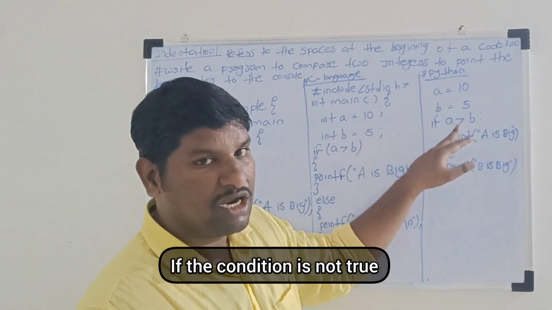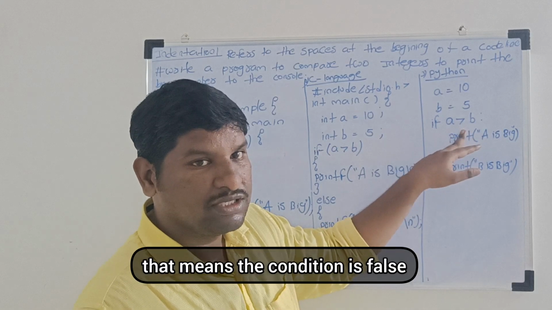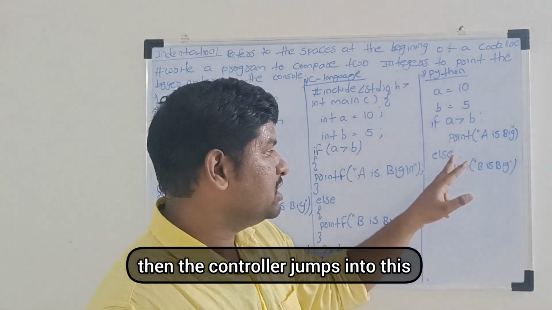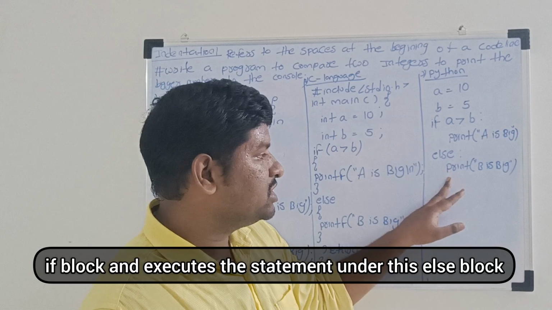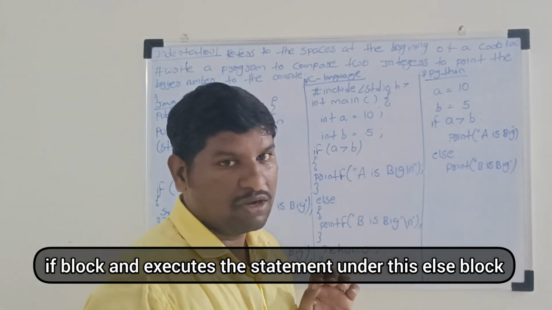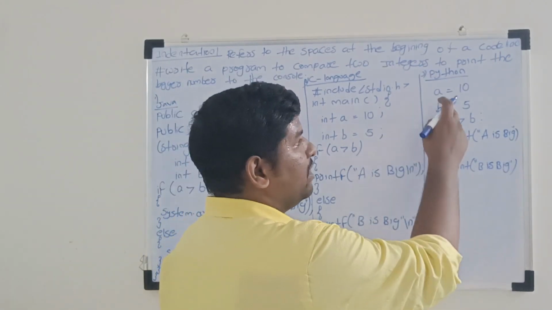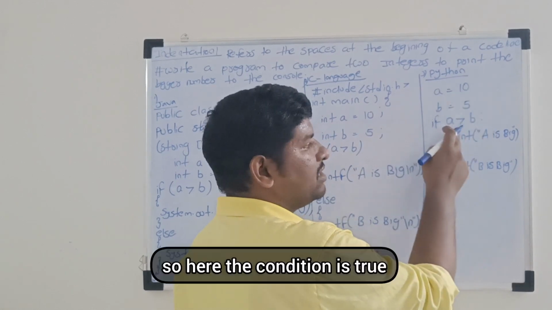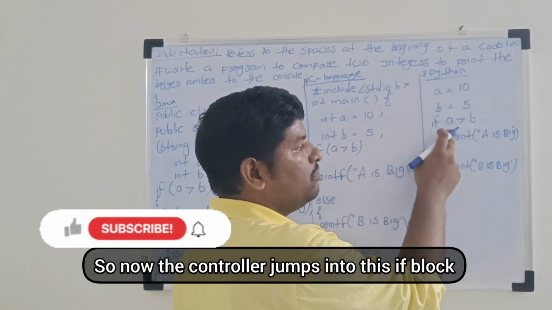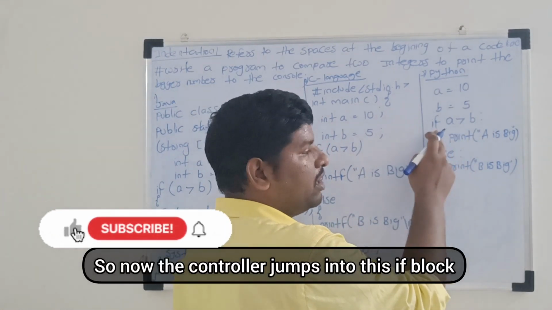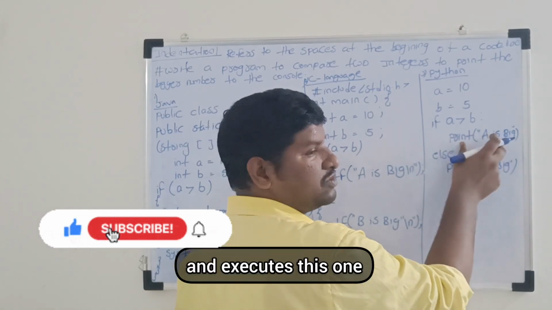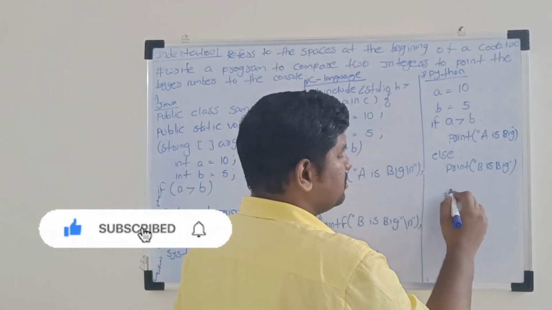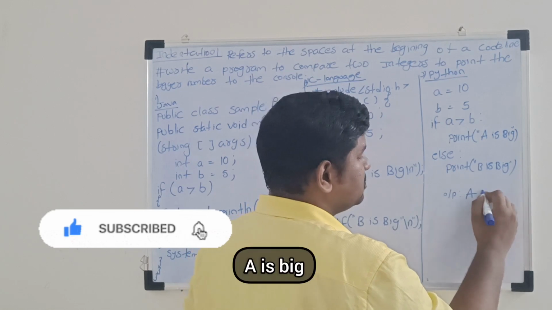If the condition is false, then the controller jumps into the else block and executes the statement under this else block. Here a is equal to 10, so the condition is true. So the controller jumps into this if block and executes this one. So the output is a is big.